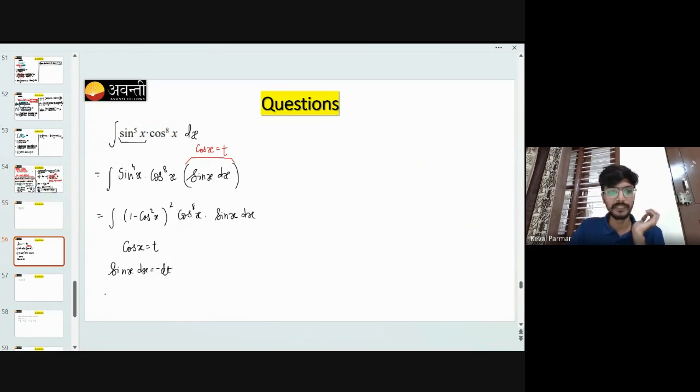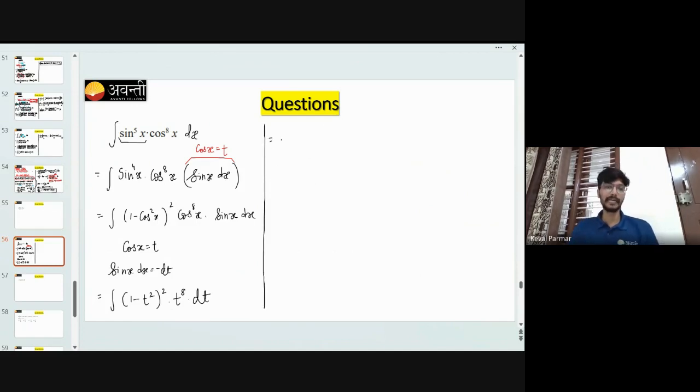So if I substitute this here, I'll get integration of 1 minus t square the whole square into t raised to 8 dt. Now it became very simple. We just need to open this bracket, the whole square one. How will I open it? a square minus 2ab plus b square, into t raised to 8 dt.